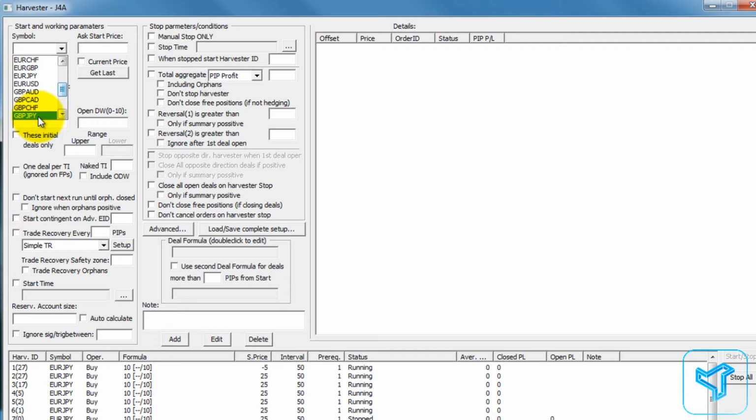We have the option of trading in either direction on a pair, and for the purpose of our example, we'll trade in the direction of the trending pair we have just selected from the Trends module. I would like to note, however, that if we choose Buy, the Ask Start price box is up here, and if we select Sell, it's down here below the Get Last button. The Get Last button fills in the current market price for the pair.